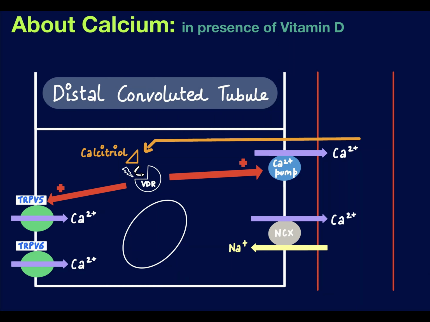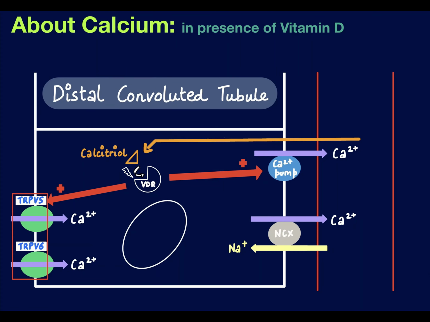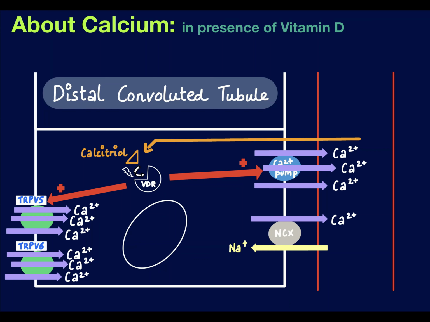This attachment stimulates the TRPV5 and TRPV6 transporters as well as calcium pumps. The open state of TRPV5 and TRPV6 transporters is stabilized by this attachment. As a result, there is increased calcium entry into the distal tubular cells.